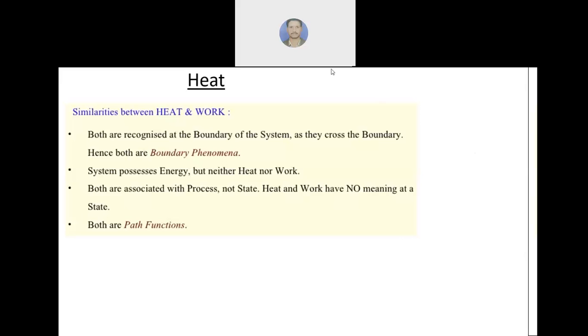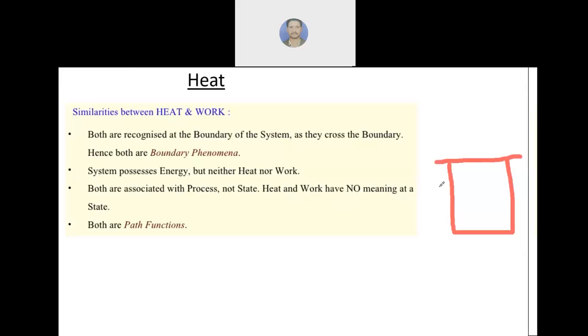So in a closed system, if you remember, there was transfer of energy. It can be in the form of work or heat. I gave you the example: fill a bucket full of water and close it from the top. Now there will be energy transfer.